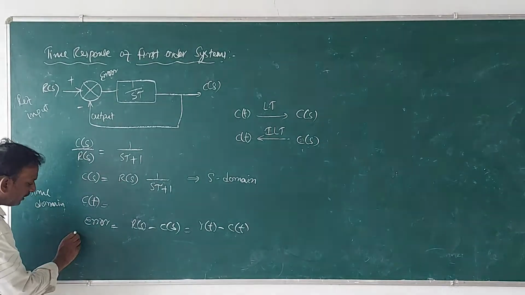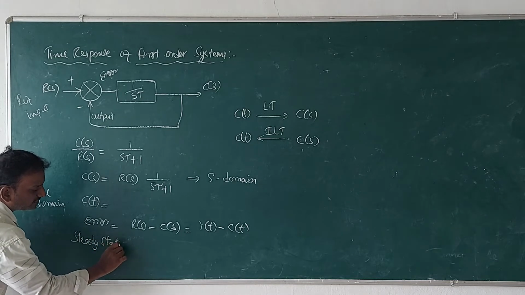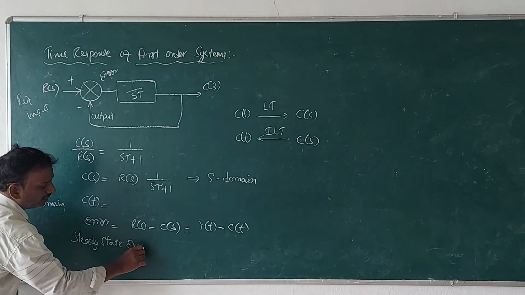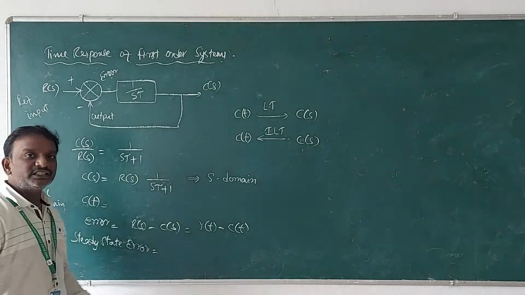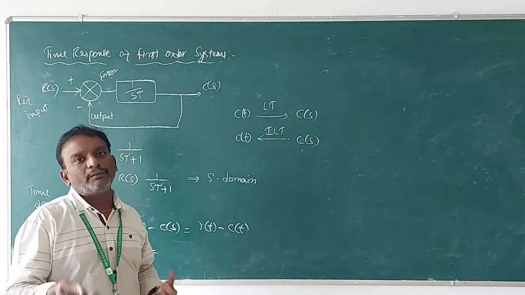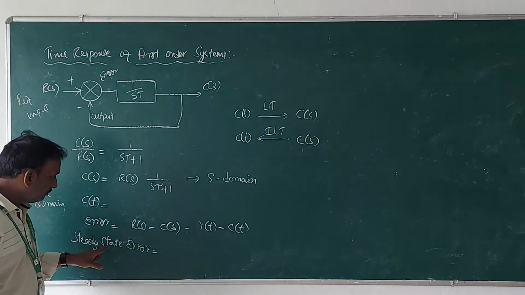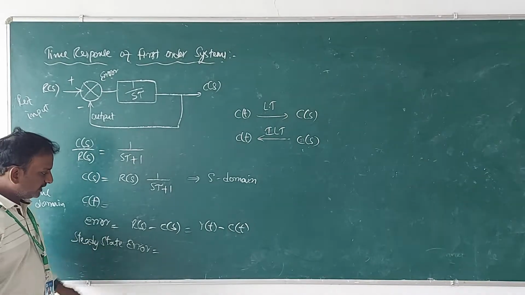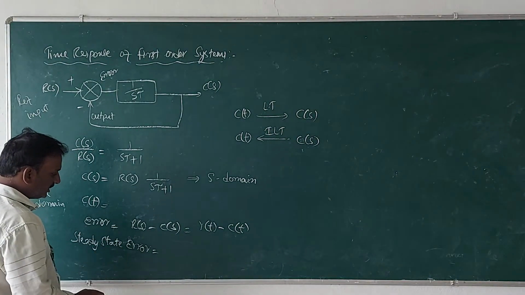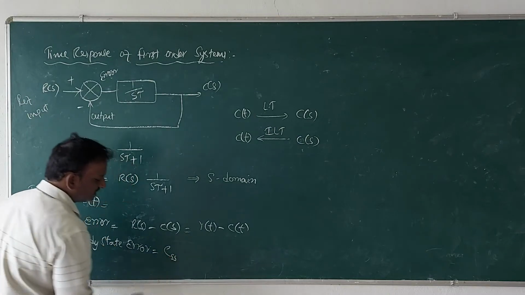Next, how to find out the steady state error? What is the meaning of steady state error? At what time value are we going to obtain the steady state? At t equal to infinity, I want to obtain the steady state value. So that's why I want to know the steady state error. In order to obtain this, I am going to apply this e_ss.